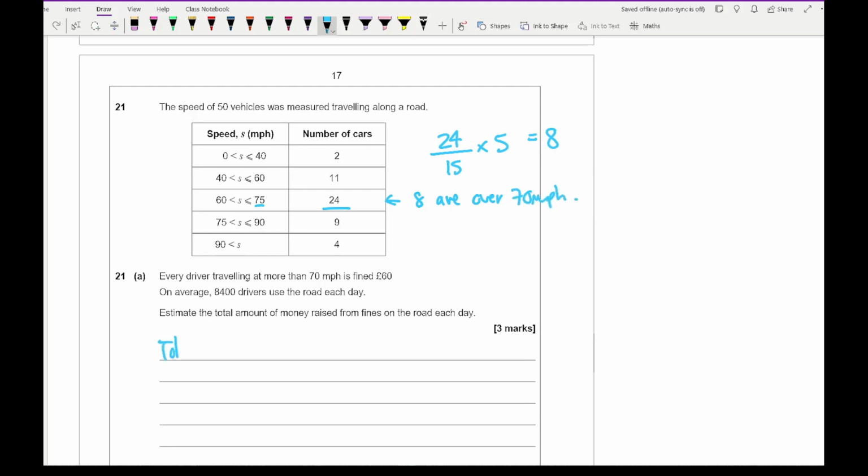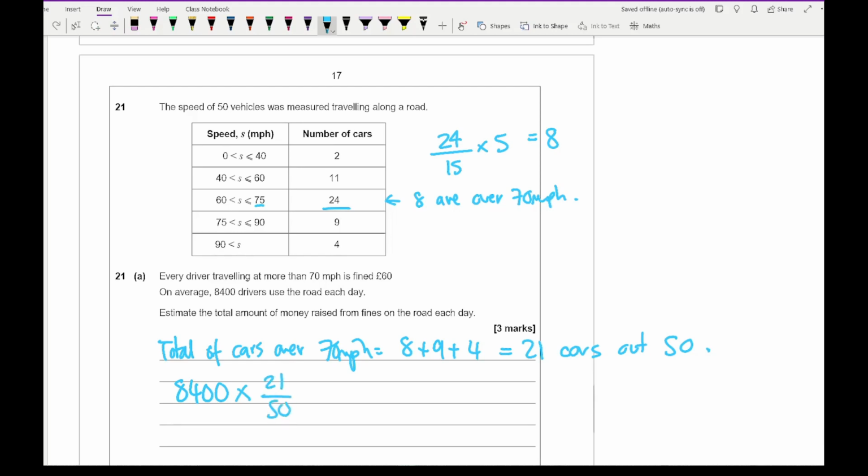So the total number of cars over 70 miles per hour is going to be 8 plus 9 plus 4, which gives me 21 cars out of 50. So we've got 8,400 multiplied by the proportion of cars travelling over 70 miles an hour, which is 21 over 50.